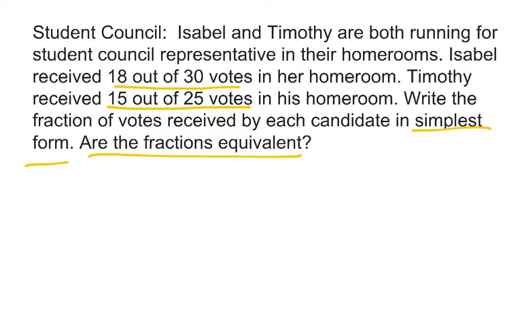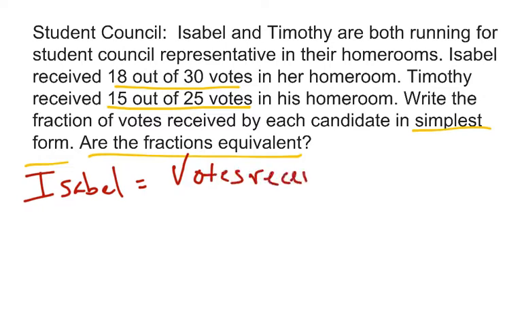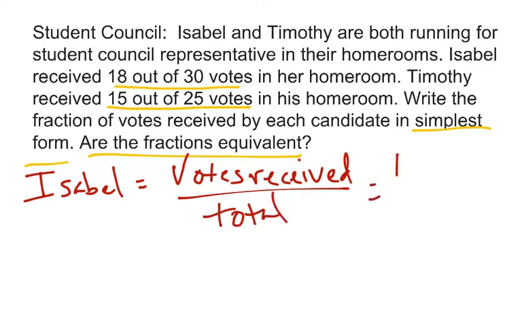So we need, for Isabel, votes received over the total votes in the homeroom. So that would give us 18 over 30.